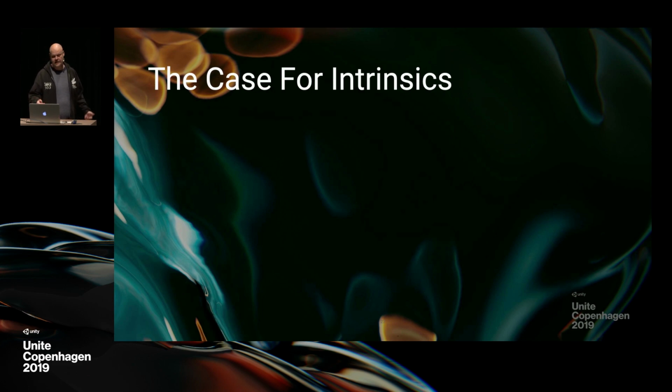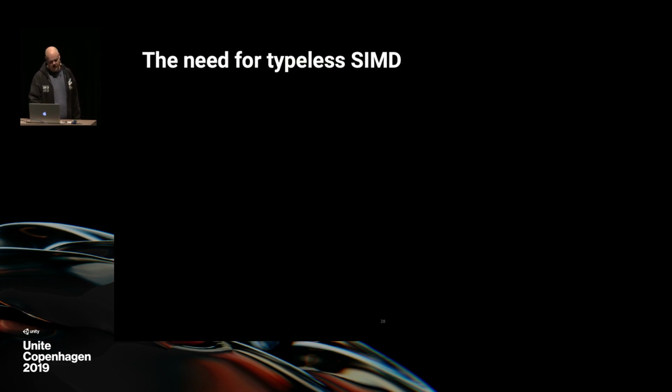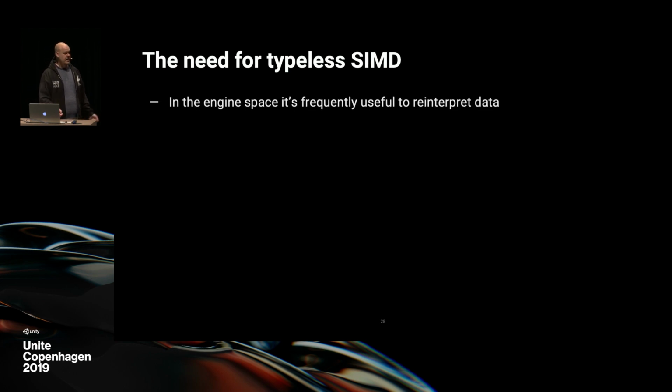So why would you need anything else? Well, the first one that comes to mind is Typeless SIMD. In an engine space or in a low-level space, these types just get in the way. They are not actually what the hardware does. It's not like it has different instructions for signed or unsigned integers. It's just silly. It really bites you when you're trying to reinterpret data, right?